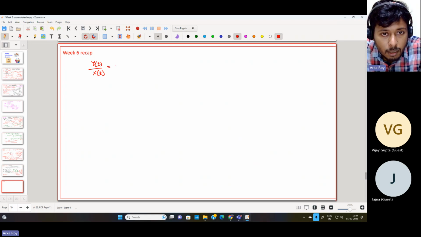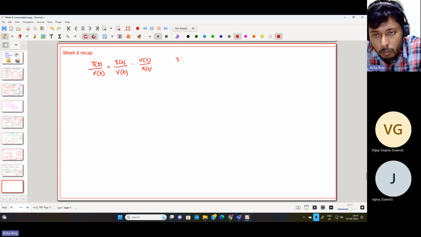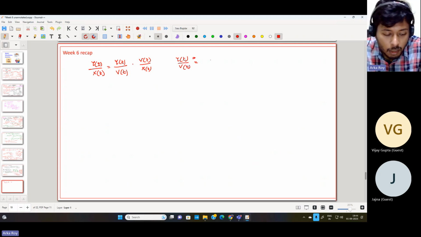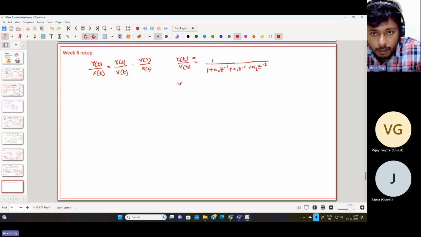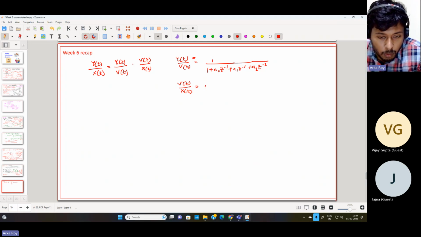For Y(z)/X(z), we can consider an intermediate transfer function representation V(z)/X(z), and let us consider Y(z)/V(z) is basically the denominator part. So that is 1 plus a0 z to the power minus 1, a1 z to the power minus 1, and a2 z to the power minus 2. And B(z)/X(z) is basically the numerator. So the numerator will be b0, b1 z to the power minus 1, b2 z to the power minus 2.